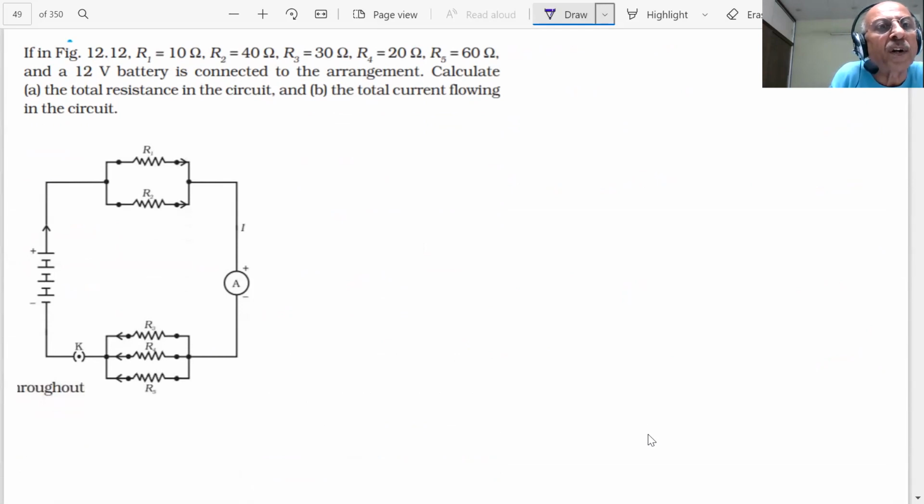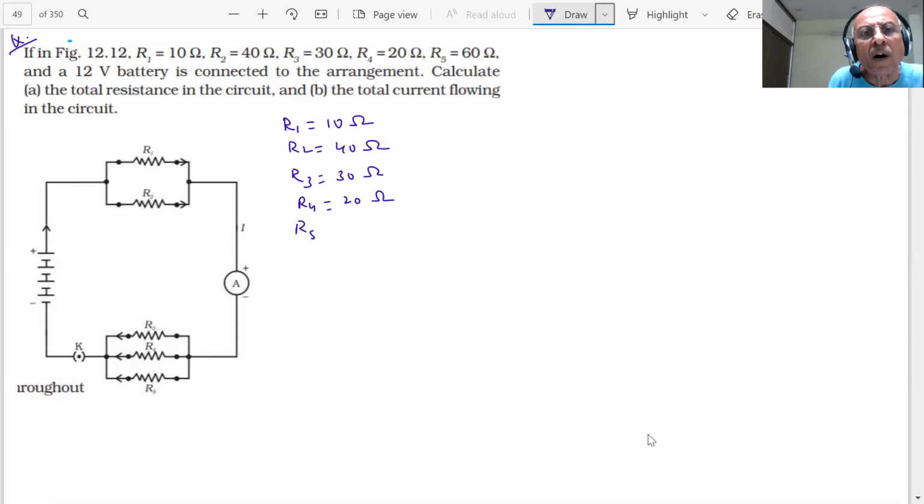Another question is coming, student. Numericals are important and will be asked to us, students. In figure 12.12, R1 is equal to 10 ohms, R2 is equal to 40 ohms, R3 is 30 ohms, R4 is 20 ohms, R5 is 60 ohms, student, and they are connected with a battery.